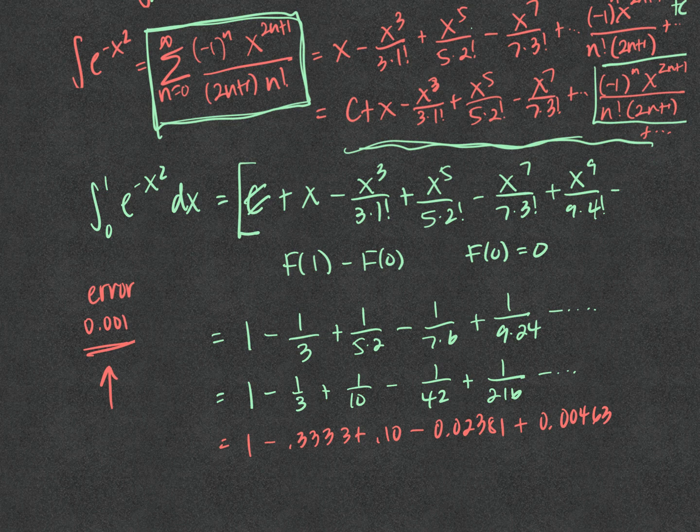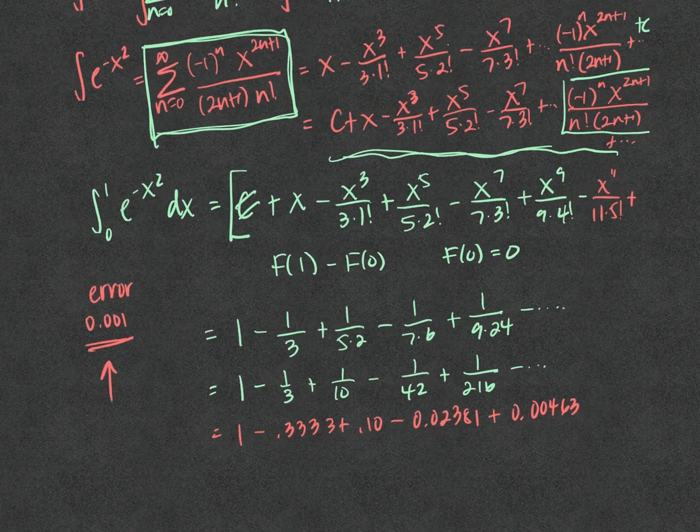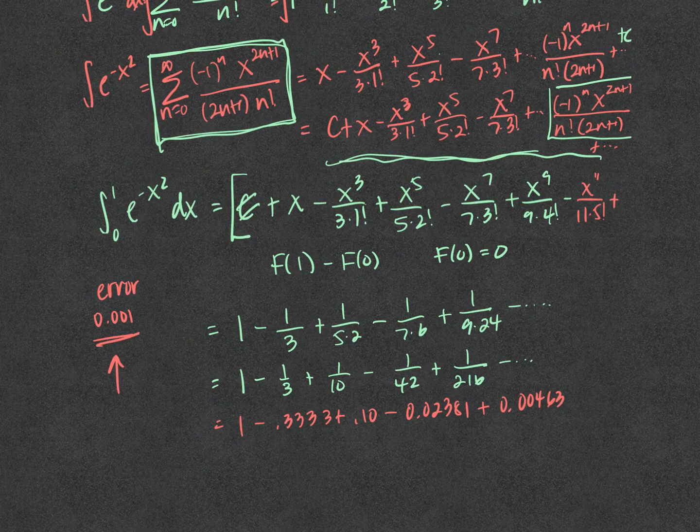But we're going to go ahead and make this x to the 11th over 11 times 5 factorial. And let's add an x to the 13th. Notice the pattern on the top, 1, 3, 5, 7, 9, 11, 13. There we go, 13 times 6 factorial minus dot dot dot from 0 to 1.